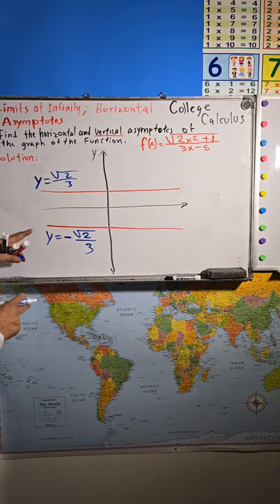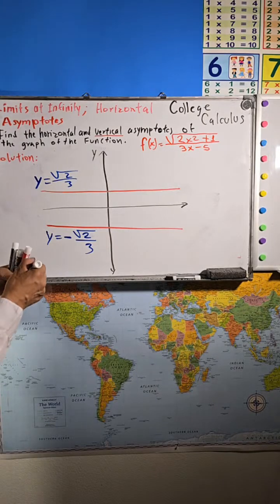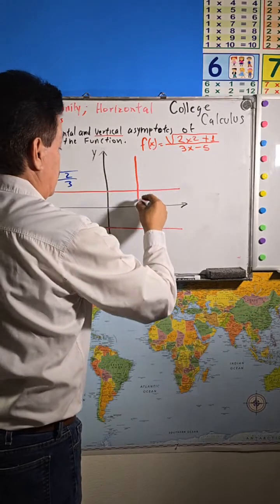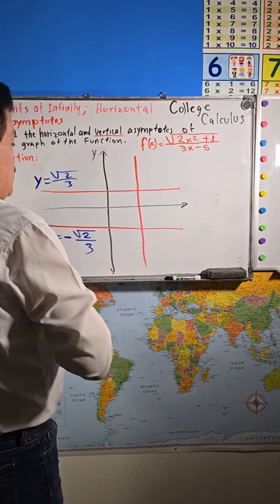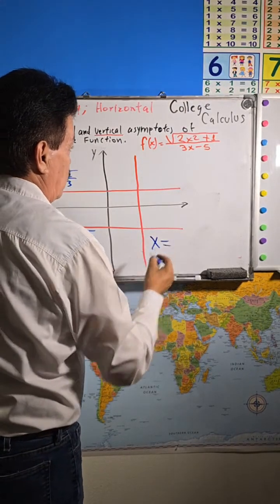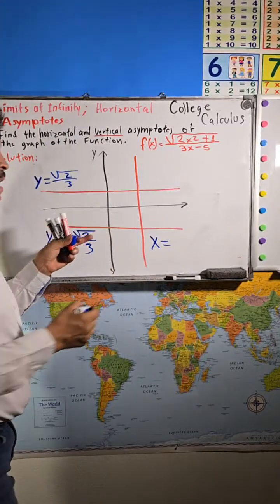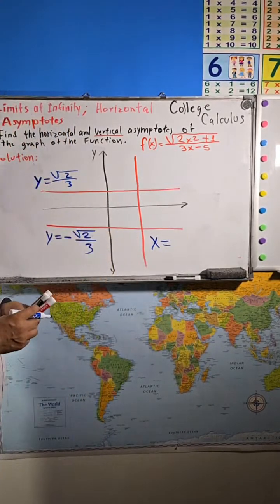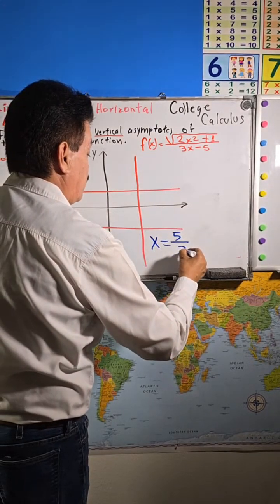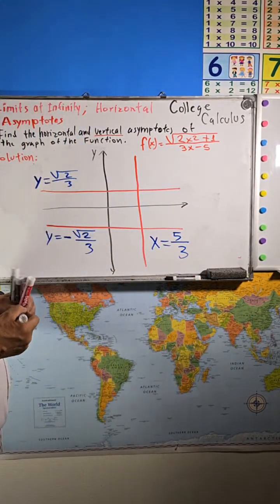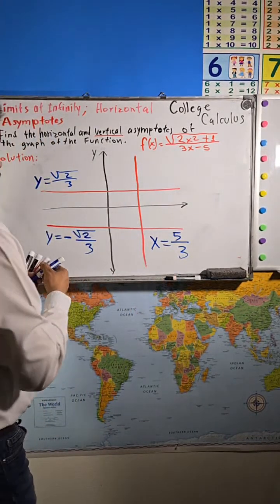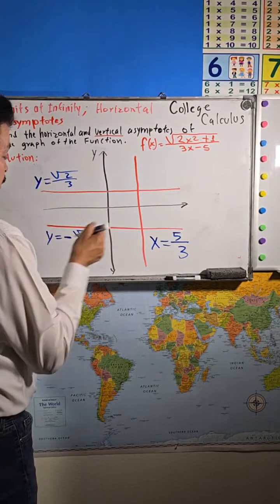So this is an asymptote. This is another asymptote. So the vertical asymptote is like this. So this is x equals the number we got the last time: 5/3. That's the solution to our problem. But how does the graph look? The graph looks like this.